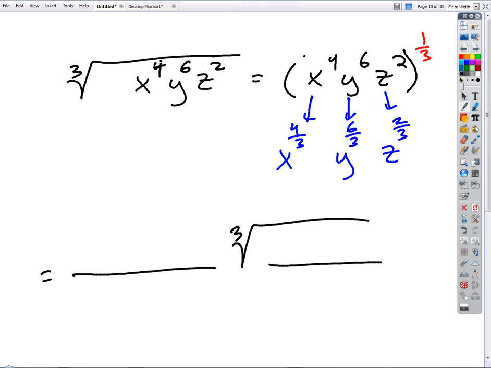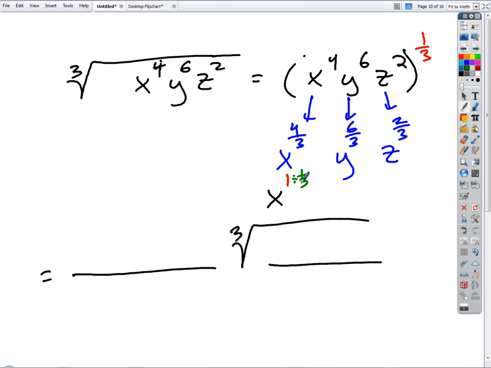So x to the 4/3 is what as a mixed number? 1 and 1/3, right? Because 3 goes into 4 one time evenly with 1 left over. So it's x to the 1 and 1/3. Well, the integer part of the mixed number is the part that escapes the radical.